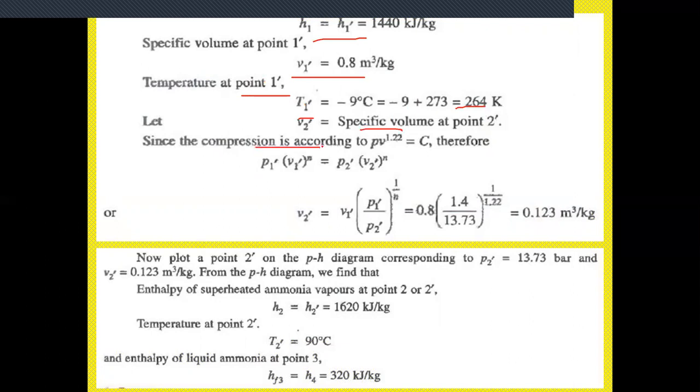The compression is according to PV to the power of n equal to constant, so P1 V1 to the power of n is equal to P2 V2 to the power of n. Now if we take V2 to one side and put all the values on the right side, we have V2 equal to V1 into P1 1.4 by P2 13.73 to the power of 1 by n. So directly we are getting the value 0.123 meter cube per kg.